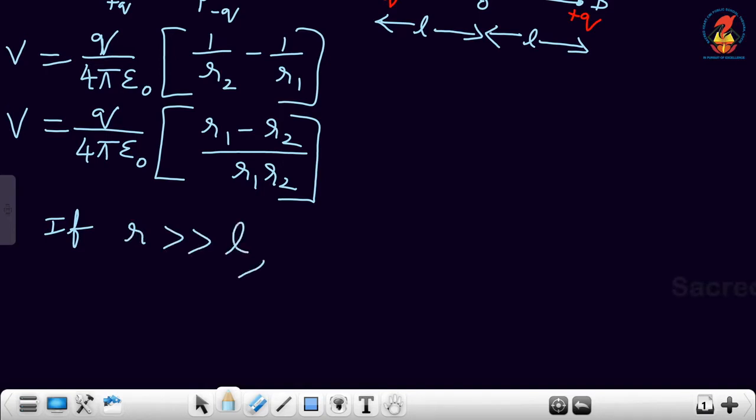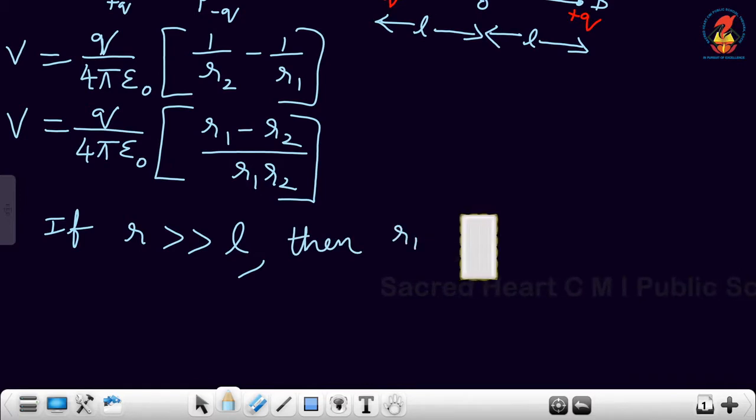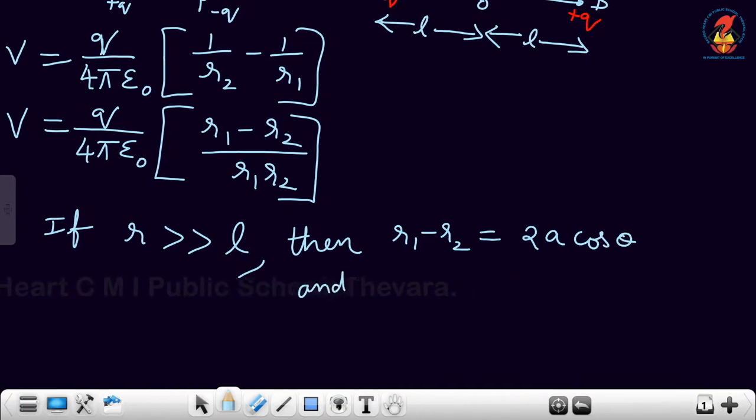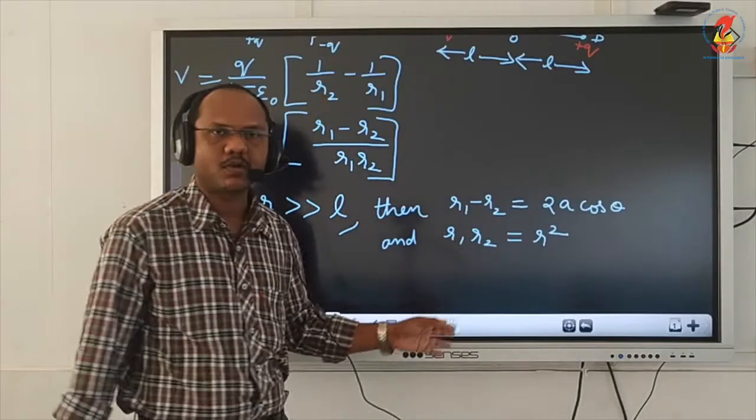If R is very much greater than L, then R1 minus R2 can be written as 2a cos theta, and R1 R2 can be written as R square. It is just an approximation.